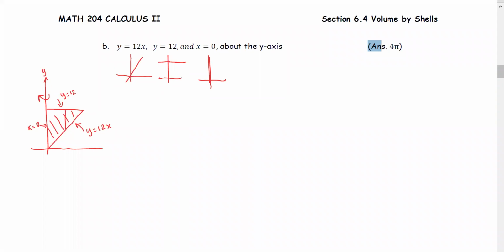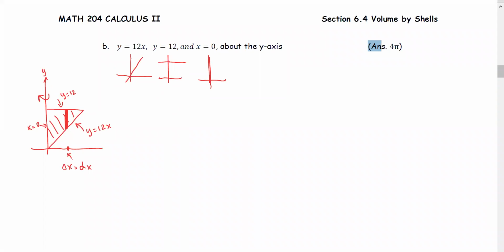Recall, we're going to form the slice parallel to the axis of revolution. And this is the position x with the thickness delta x or dx that we're going to use as part of the integration.